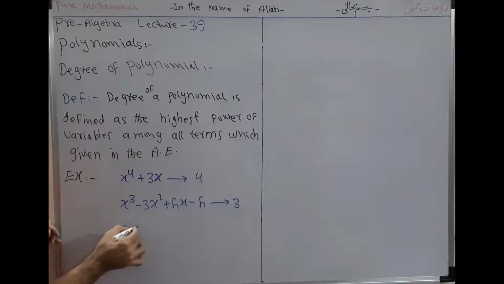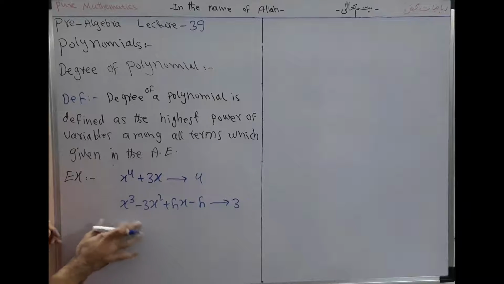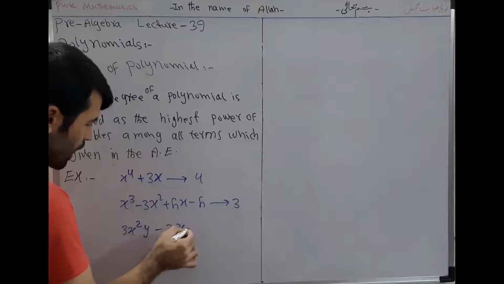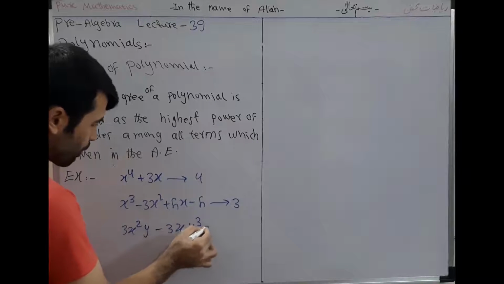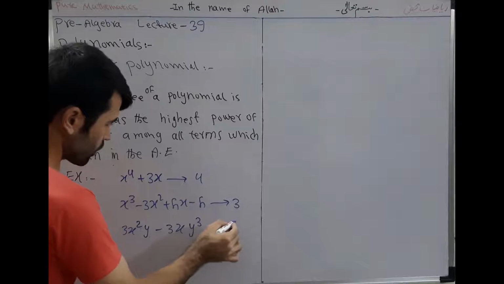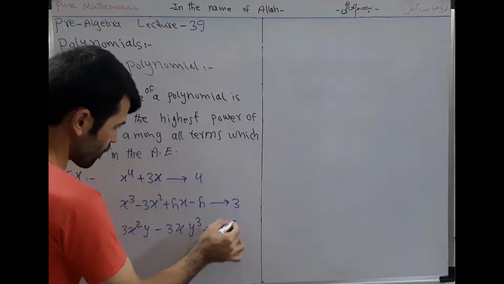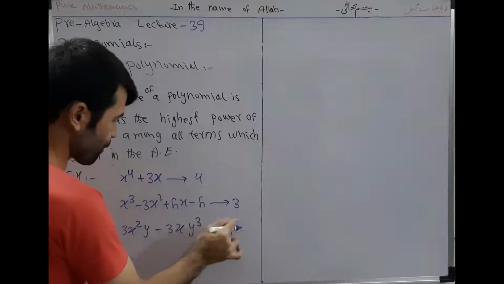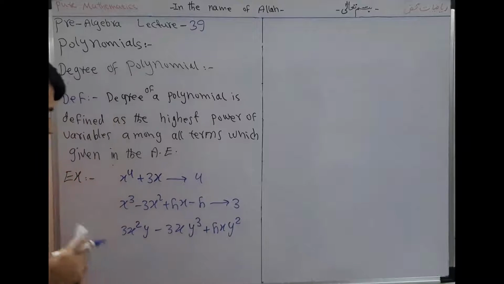3x to the power 2 y minus 3x to the power 1 y to the power 3 plus 5x y to the power 4 to the power 2. Here we want to search which term has the highest power.